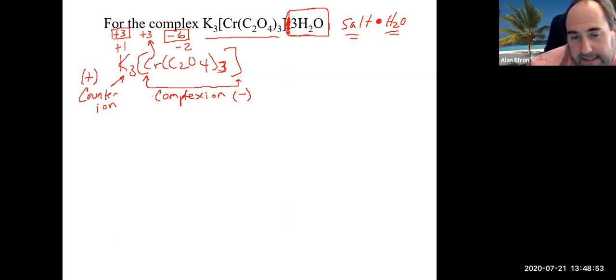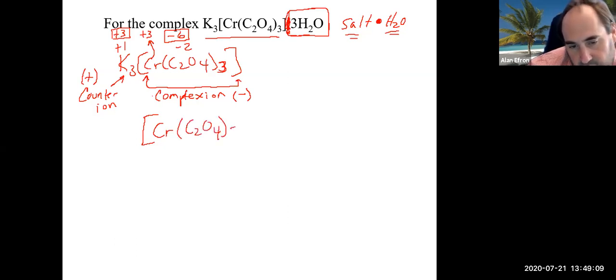Also important is how we go about naming this part of it, because our complex ion is negative. Just to illustrate that for you, we just figured out that the chromium in this setup is +3, and the oxalate overall, -2 each, gives you -6.